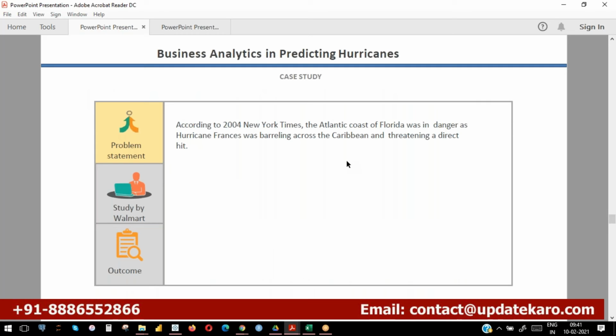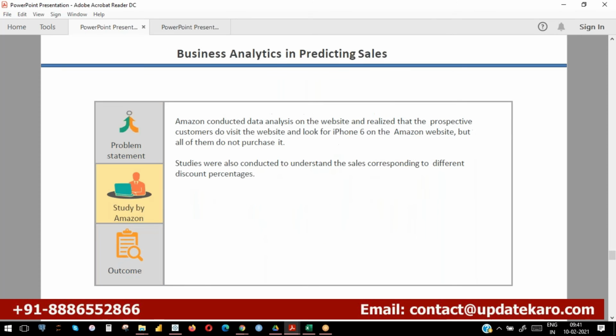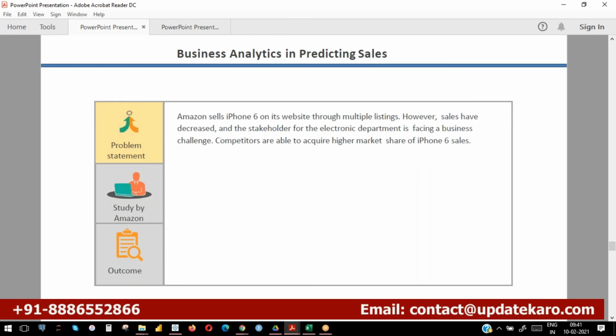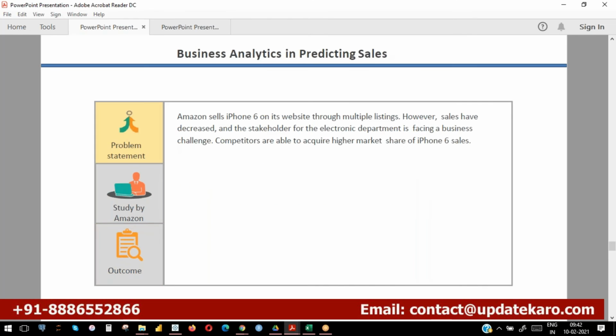Now we are going to see some case studies over here. Before doing that, I will give an example of association rules that we are going to learn in our R classes.